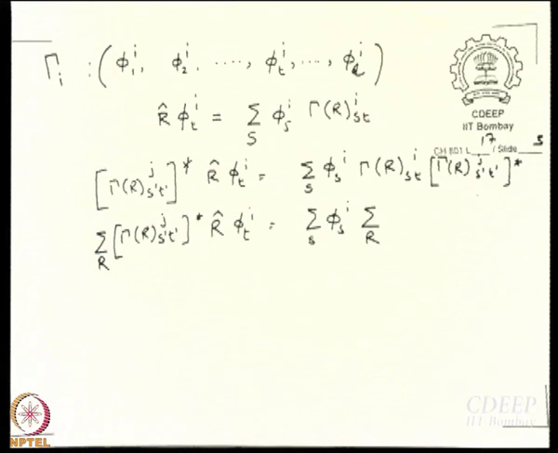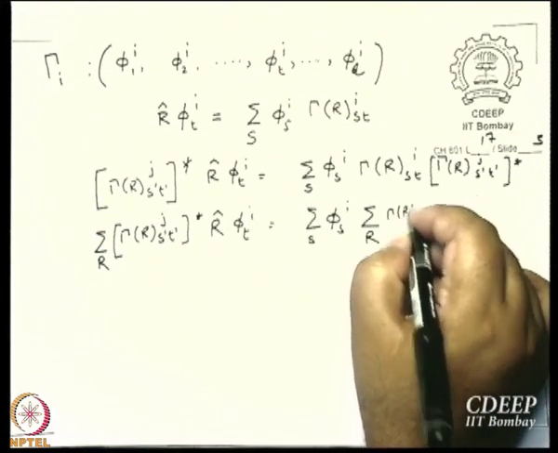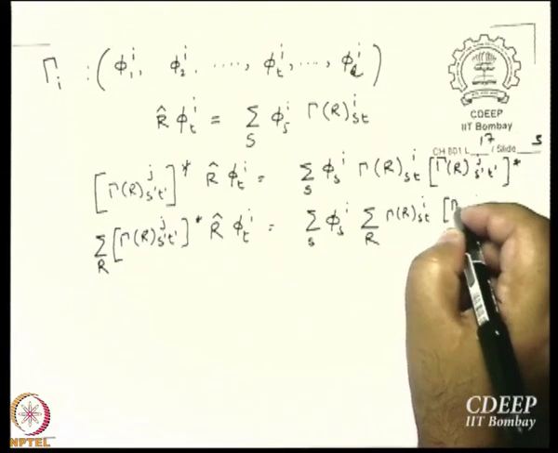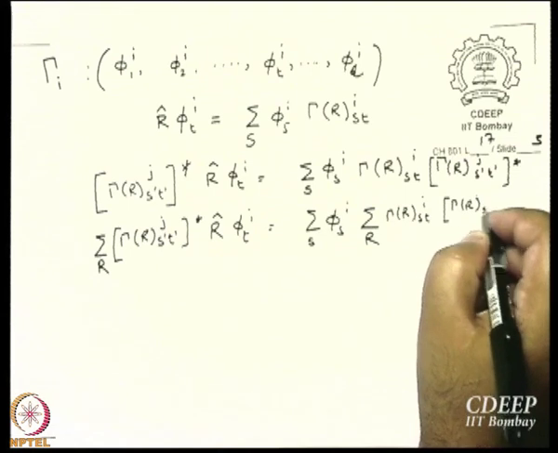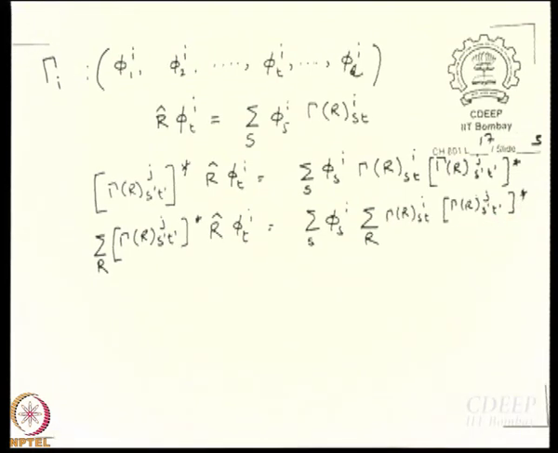I can do that, right? Gamma R S T I, then gamma R S dash T dash J star. See if that is all right or not.